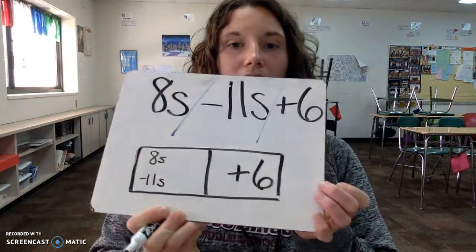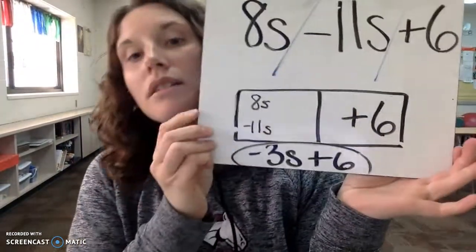And then I can put the 8s in this box and the negative 11s in that box. And then I can combine those together exactly like what I said. 8 minus 11, starting at 8, going down 11 places, is a negative 3. And then I just attach that plus 6 at the end. And I have my answer.